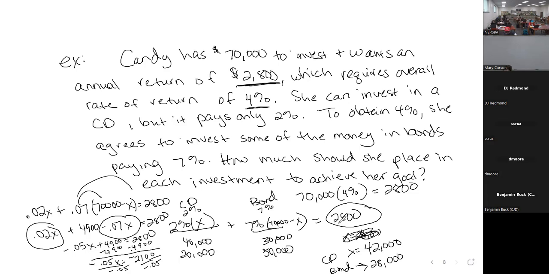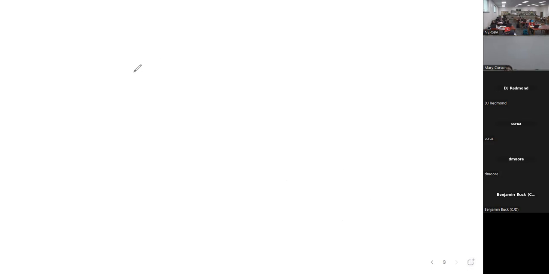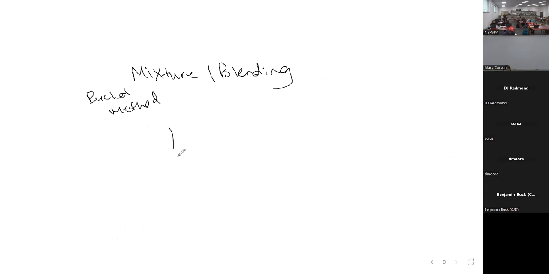All right, let's look at a mixture problem, or blending problem, sometimes they're called. Mixture or blending. There's a method that you can use, it's called the bucket method. So it kind of looks like this. You always have what you start with, and then you multiply that by how much money it is, or the percent.